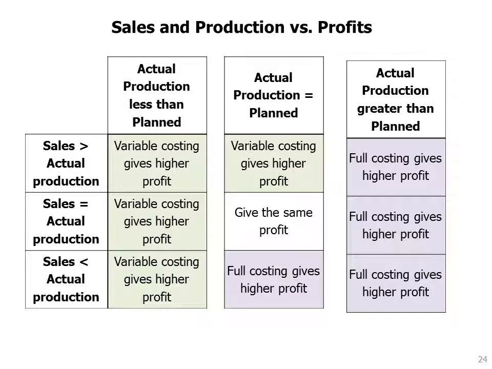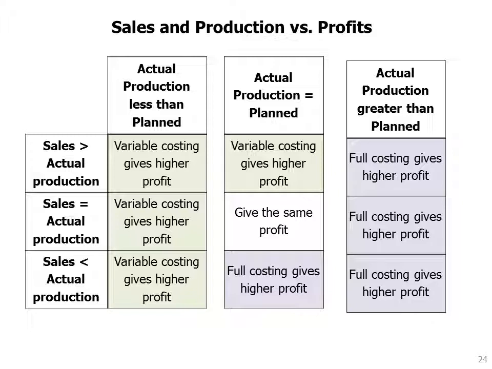When actual production is the same as planned, if sales is greater than actual production, variable costing gives a higher profit, and that's because under variable costing we're only taking the period costs for that period through, whilst under full costing we're taking through some manufacturing overheads from earlier periods as product cost during the period of the sales.